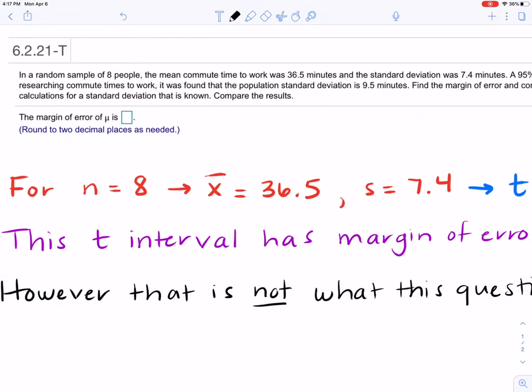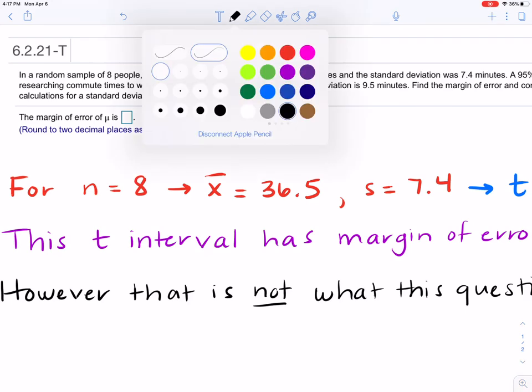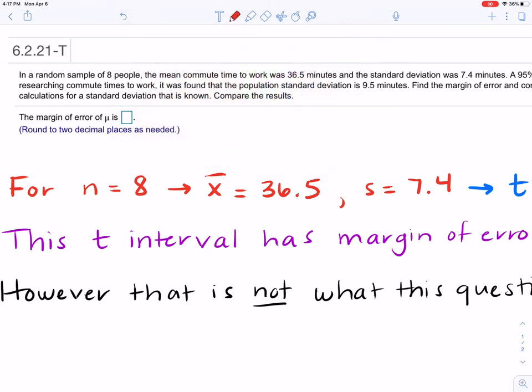All right, so I want you to understand that, when you first read through the information given in this problem, you are given a mean and a standard deviation for a sample data set. All right, sample mean is denoted with X bar.